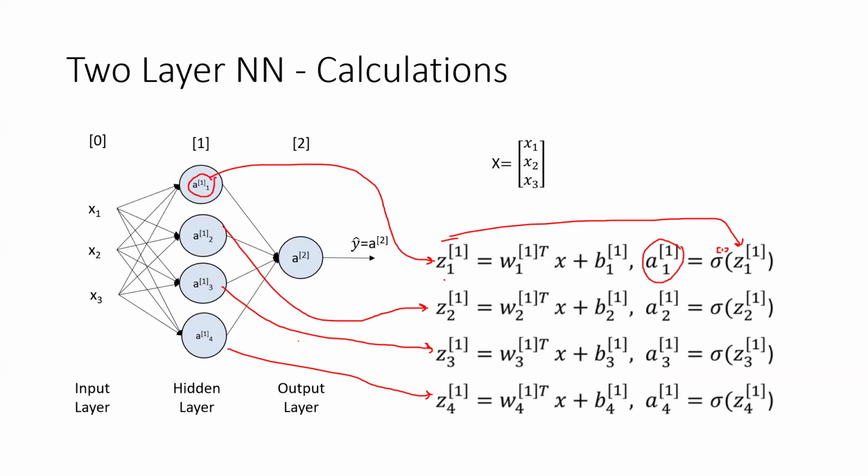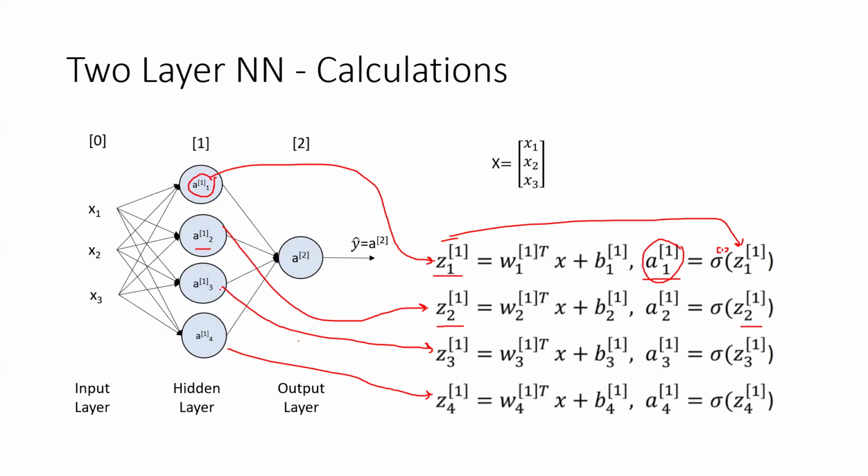So here we take two steps: first we calculate Z11, and then we apply it to the activation function of the first layer. Then we get A11, which is the output of the first neuron of the first layer. Similarly, you can calculate the Z value for the second neuron of the first layer, apply it to the activation function of the first layer, and get the activation of the first layer's second neuron.